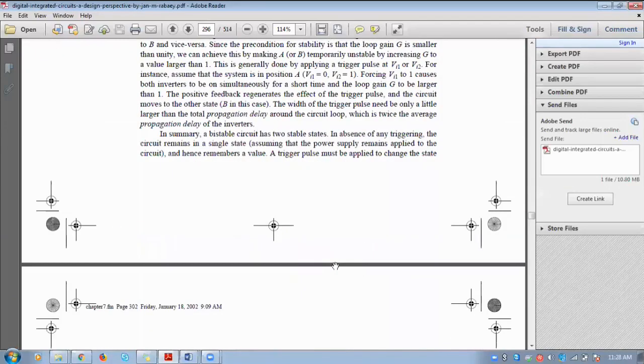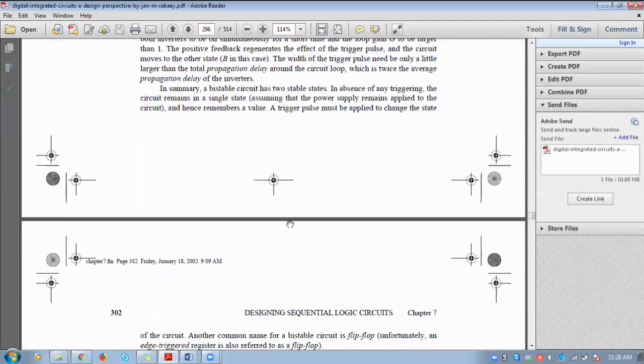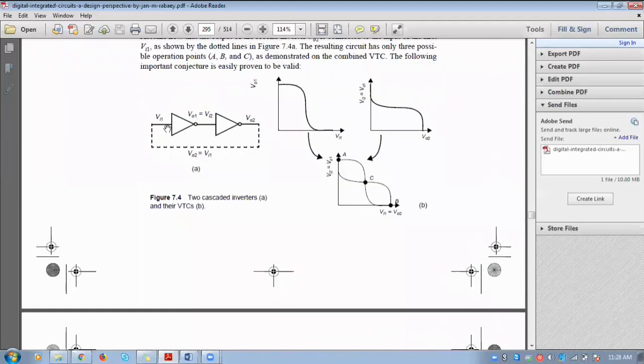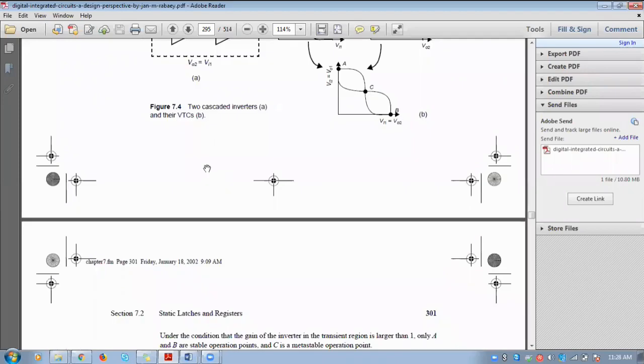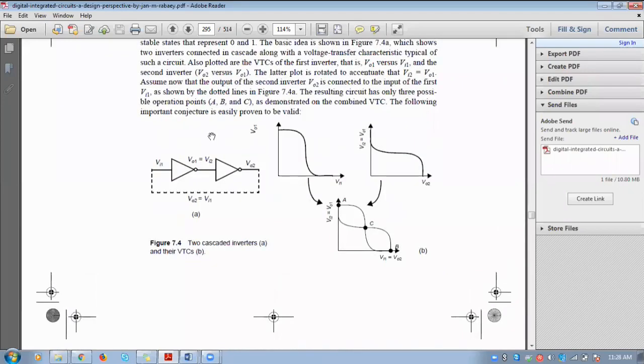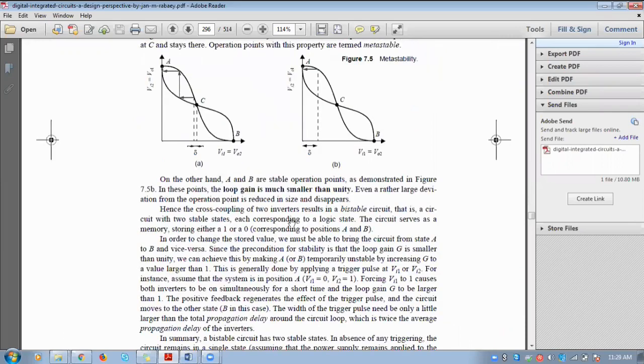By using the bistability principle, we are going to utilize this two inverter structure for storing a logic 0 or logic 1 in latches as well as flip-flops. You might have seen all these structures while designing your flip-flops, SR flip-flop, SR latch, with cross-coupled inverters shown here.